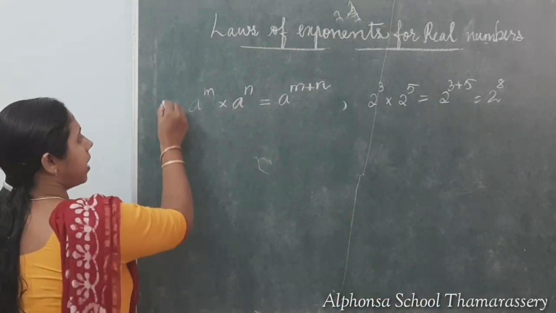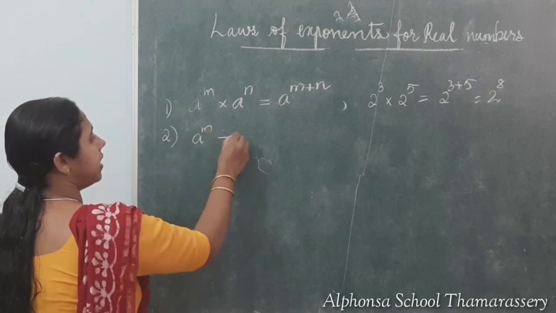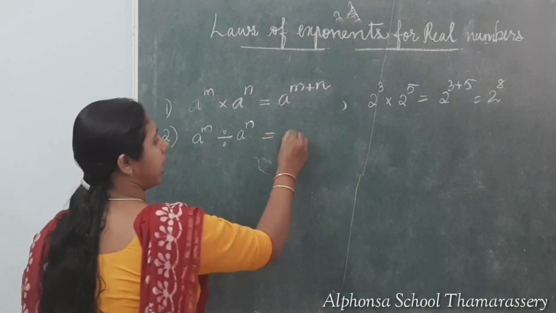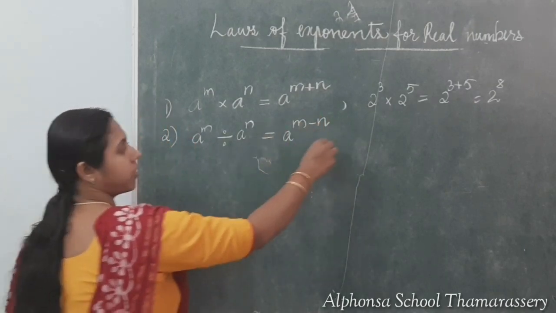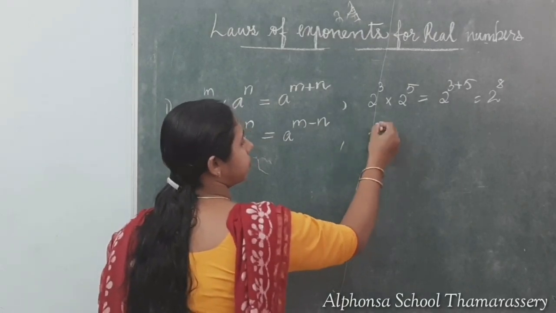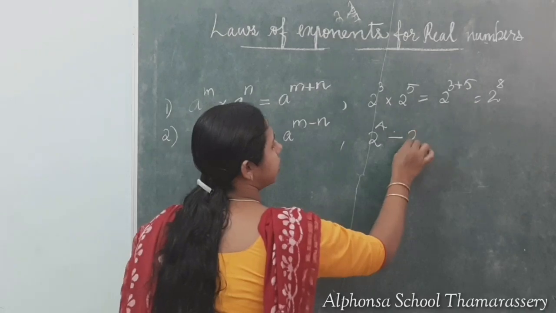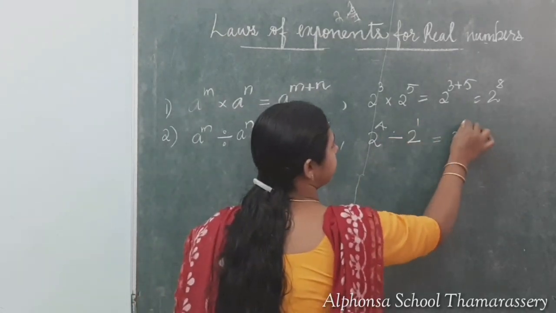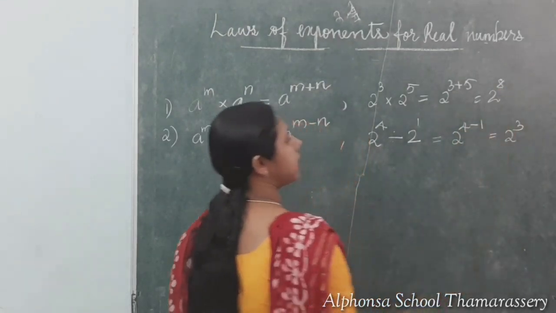And the second law is a raised to m divided by a raised to n is equal to a raised to m minus n. That means 2 raised to 4 divided by 2 raised to 1 is equal to 2 raised to 4 minus 1, which is equal to 2 raised to 3.